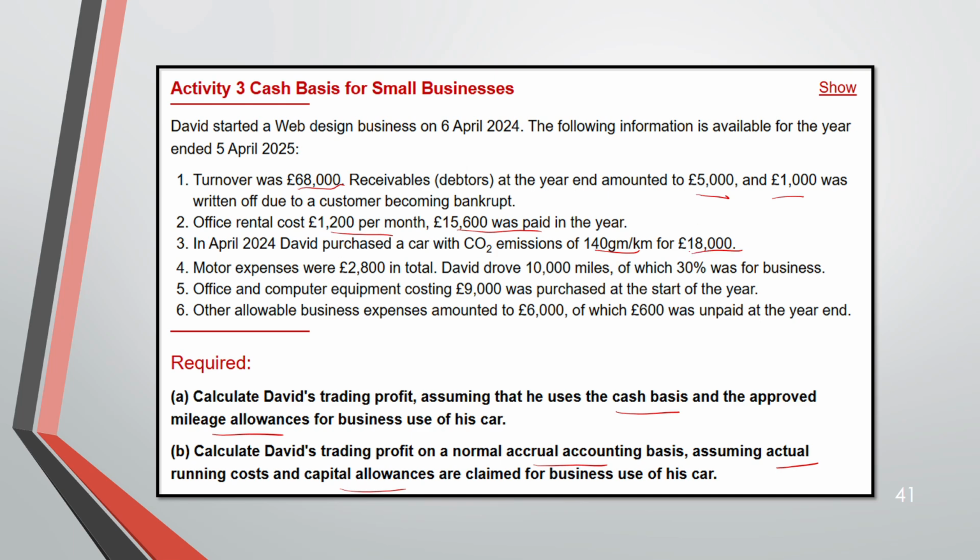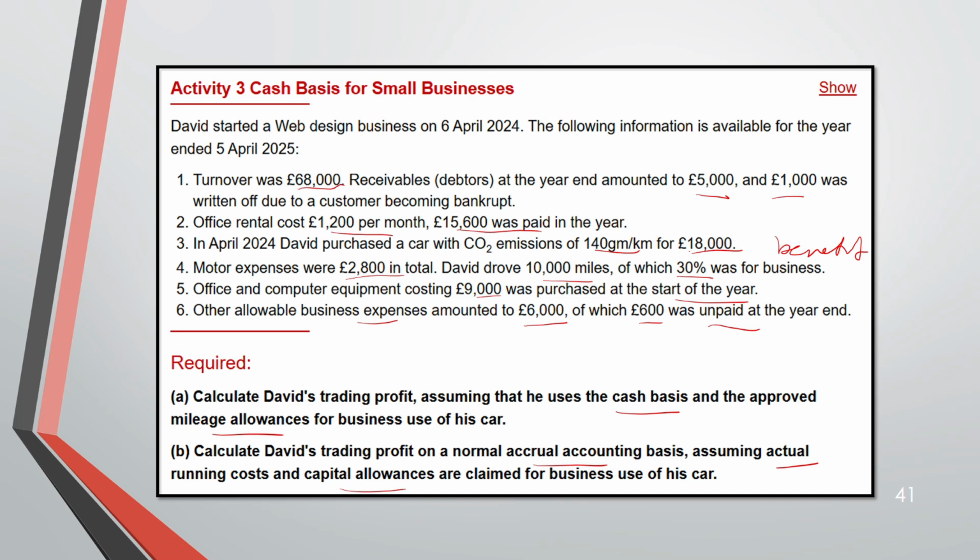Remember the third one is a benefit. Motor expenses 2,800. Lived off 10,000, 30,000 was business. Office and computer equipment was 9,000, purchased at the start of the year. That means for the whole year it was there. And other allowable business expenses 6,000, of which 600 was unpaid at the year end.